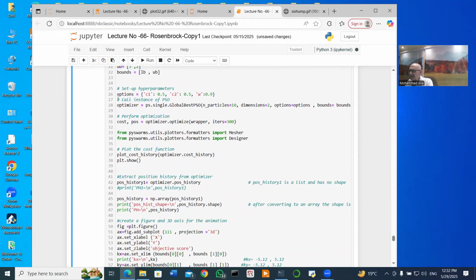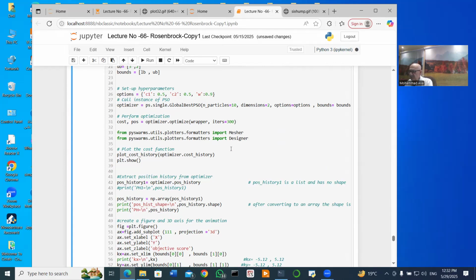We have selected the values of the constants of the Pyswarms algorithm C1, C2, and the weight W. And then we call the optimizer, and we optimize this function, and at the end we get the optimum position and the optimum cost. Now, in order to plot in a three-dimensional space, we also need to import the measure and the designer.